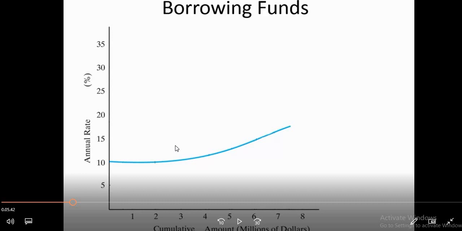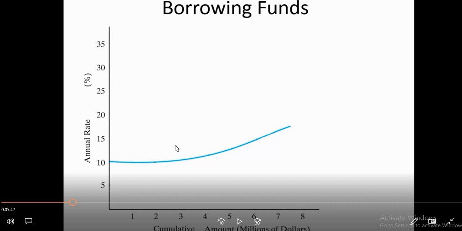But as soon as the company demands a larger amount of money, suppose $4 million or $6 million, the previous turnover of that company is $2 million, but now they want 4 million or 6 million from the bank. In that case the bank provides this money, but at the same time increases the interest rate.